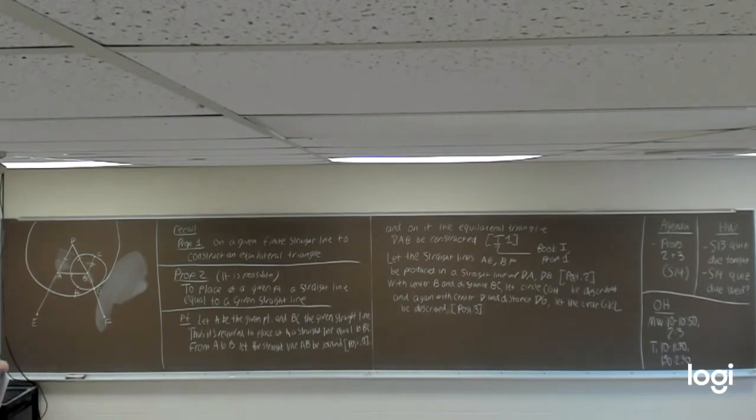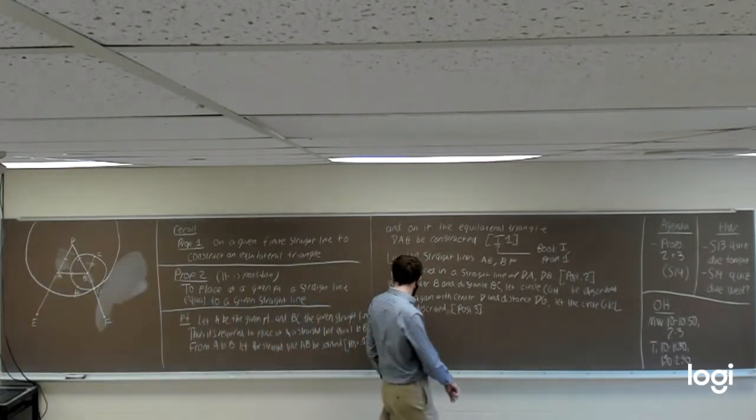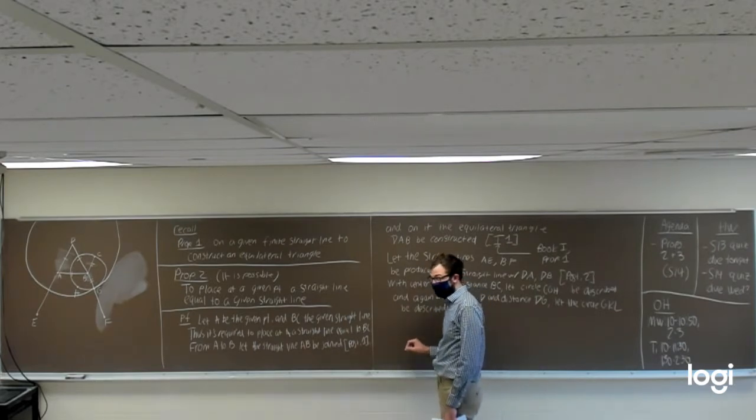So now we have a circle centered at B and a circle centered at D, both of which are going to be useful. So now we're going to start comparing some distances. Here's where the common notions are going to come into play.